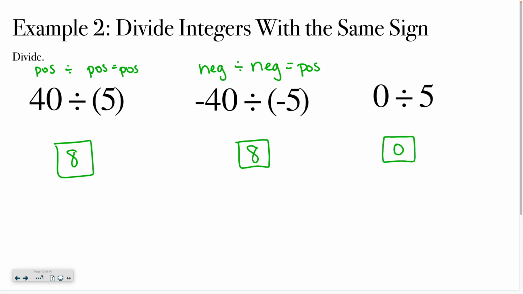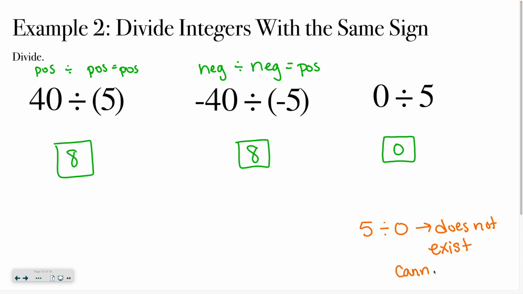One quick note with that, though, is if you were to flip the order and say 5 divided by 0, that does not exist. You cannot divide by 0.